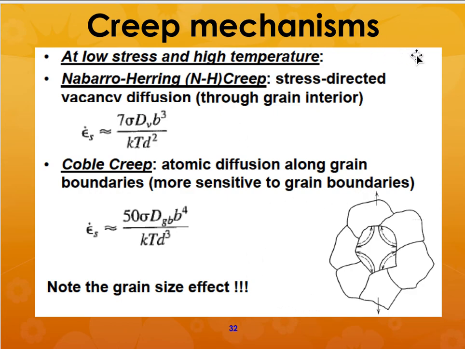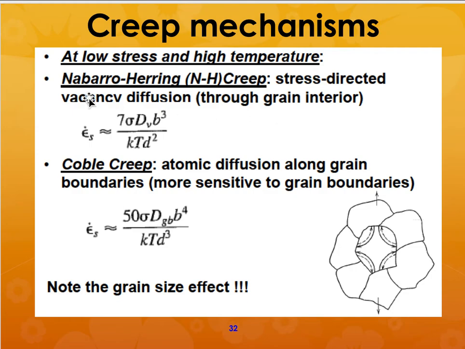Creep mechanisms are slightly different at different temperatures. At very low stress and high temperatures, you have what is called vacancy diffusion through the grain interior, and that is called the Nabarro-Herring creep.